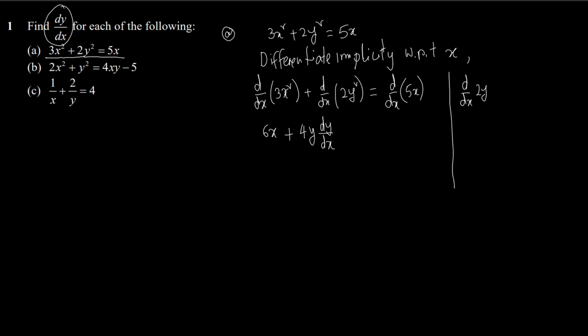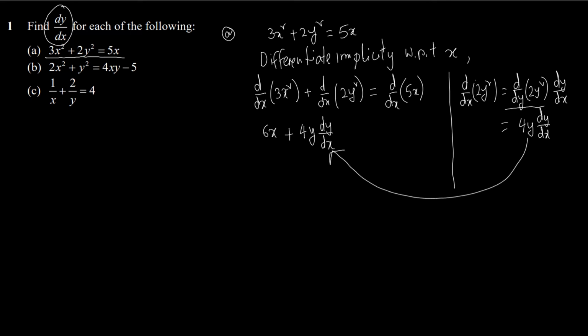We can write d by dy of 2y square, and beside that we write dy by dx. So from the first part we got 4y, and dy by dx we keep as a multiplication. In this way we got this.